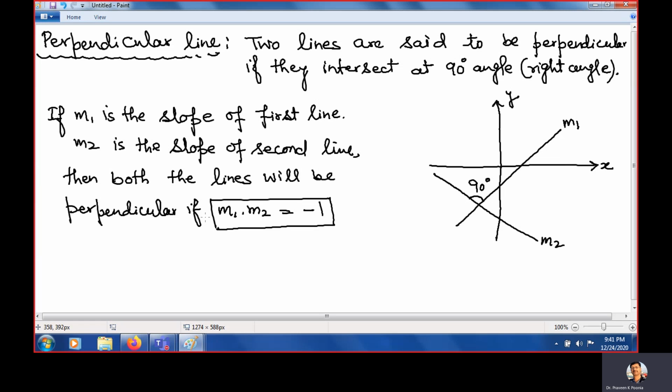If the product of the slopes is equal to -1, then the two lines are called perpendicular lines. Or in another way, you can say if the multiplication of slopes is -1, then the lines are perpendicular. Or if lines are perpendicular, then M1 into M2 is equal to -1. This is the condition of the perpendicular.